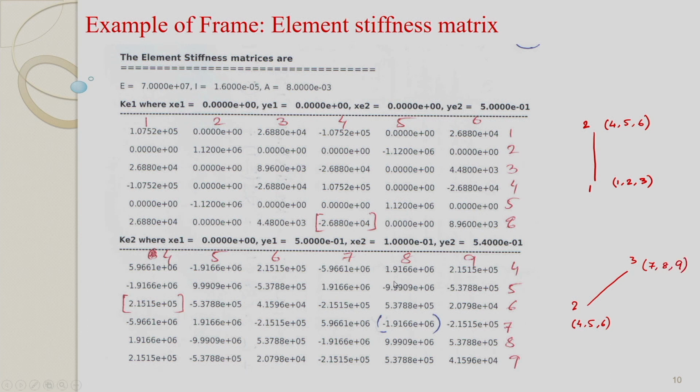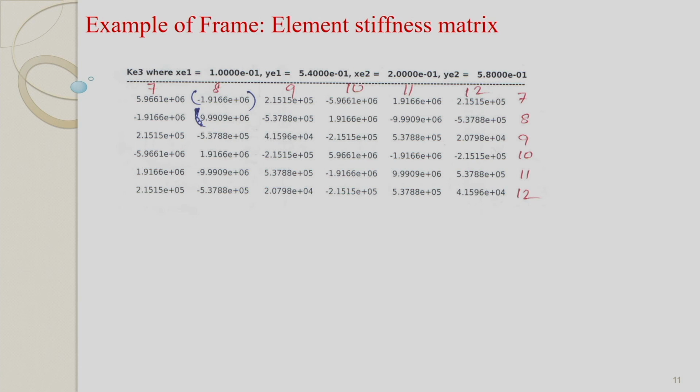We assign those numbers on element stiffness matrix, and for third element between node 3 and node 4, these are associated degrees of freedom.